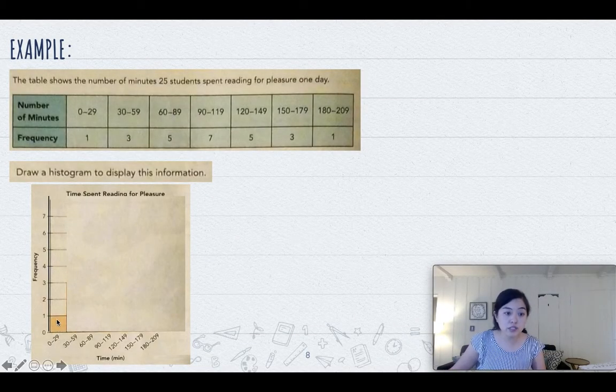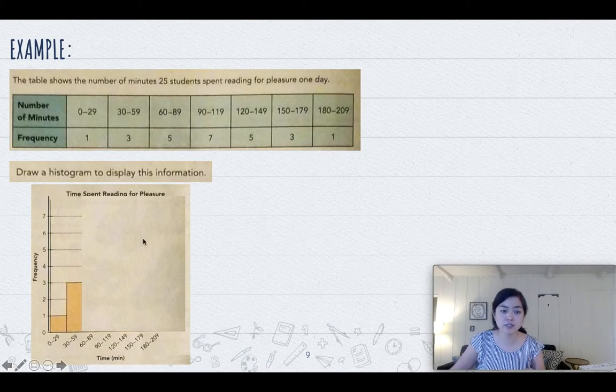So 0 to 29, there was only one student here. So we draw a bar from this interval all the way up to frequency 1, because on our table, that's what it says. Our next interval is from 30 to 59, and our bar will be going up to frequency 3. Ta-da!